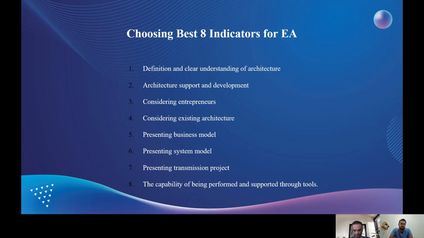Now, some layers of TOGAF. There's a business and architectural layer that is considered the highest level of an enterprise architecture. The second layer is the application layer, which involves job processes, information systems, and applications.